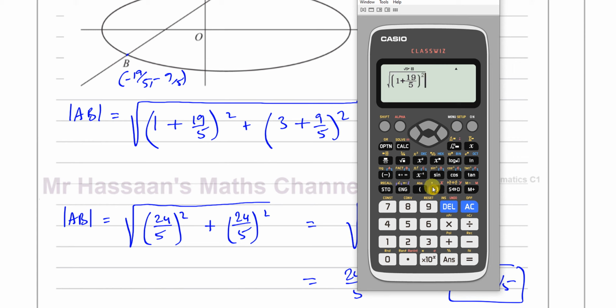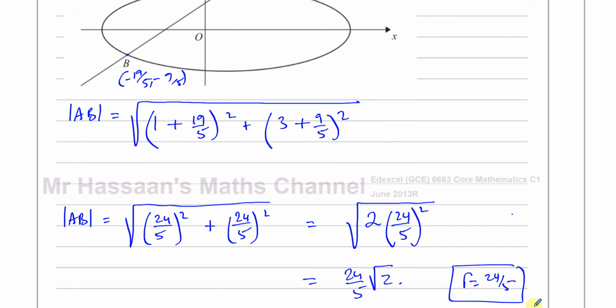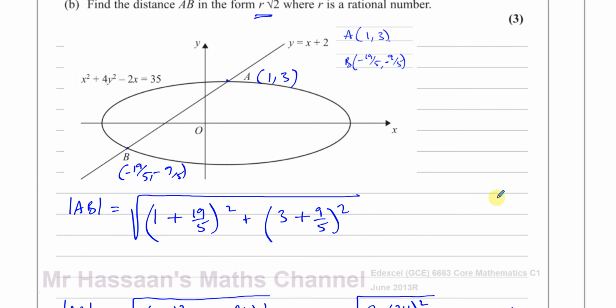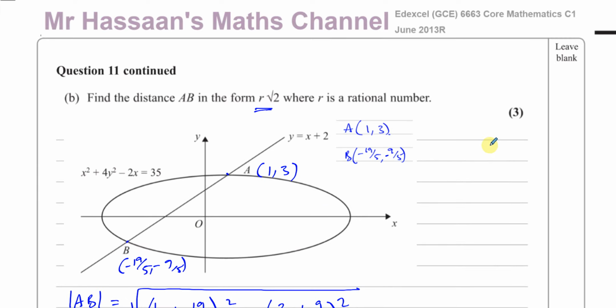It was not allowed, even to check. But nowadays, at least you can check. So there's the answer for that question, and that's the end of that question, end of the paper.